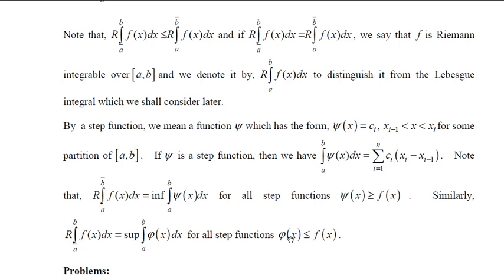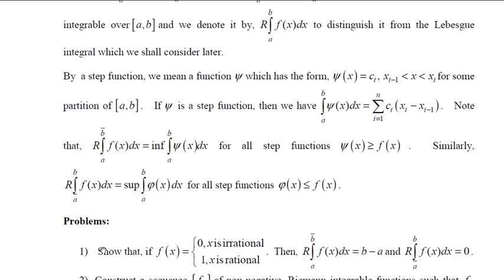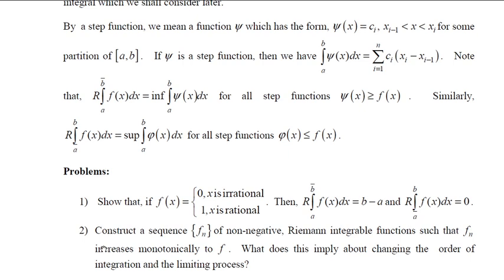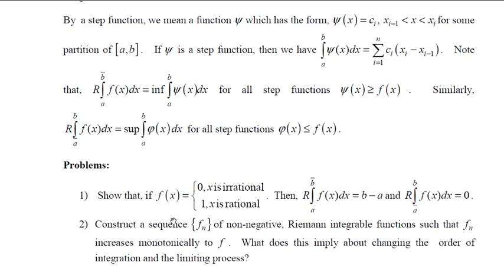And since integral a to b phi(x) dx is less than or equal to integral a to b f(x) dx, your lower Riemann integral must be equal to the supremum of this, so that this condition gives you the answer. Now, given problems on Riemann integral, you just work it out and write it as an assignment.